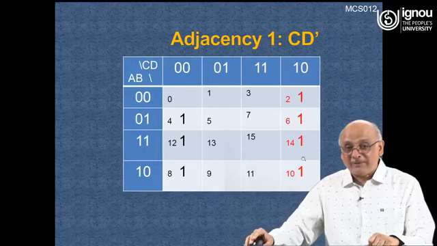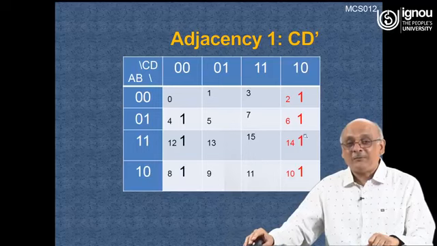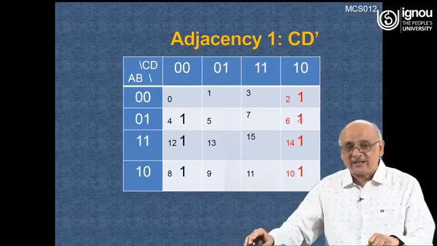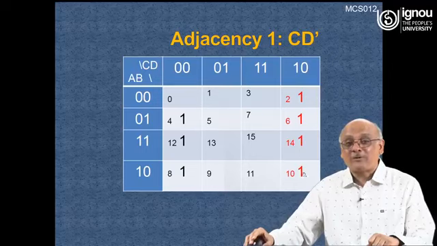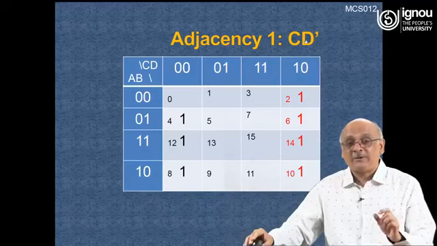So C, D prime will be consistently the same, and all the others will turn into 1. So the combined circuit for these 4 adjacencies is going to be just CD prime. You need to read more about it. It is very interesting to find the adjacency and reduce the circuit to a very small number of variables.